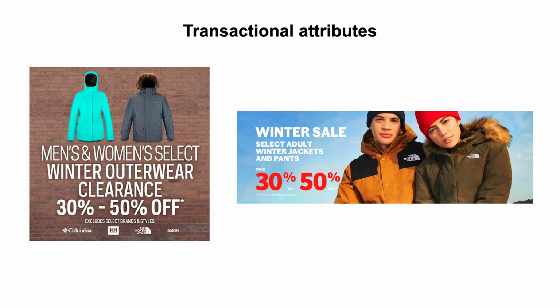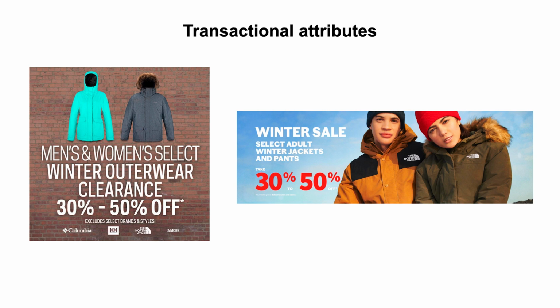With each of these 4 offer attributes, I'm gonna show you how to sell a jacket by focusing in on one of these offer attributes. So for transactional attributes, let's see how we would sell a winter jacket using transactional attributes. So here's an example of 2 ads that are very heavily focused on transactional attributes. They're really just focusing on big discounts.